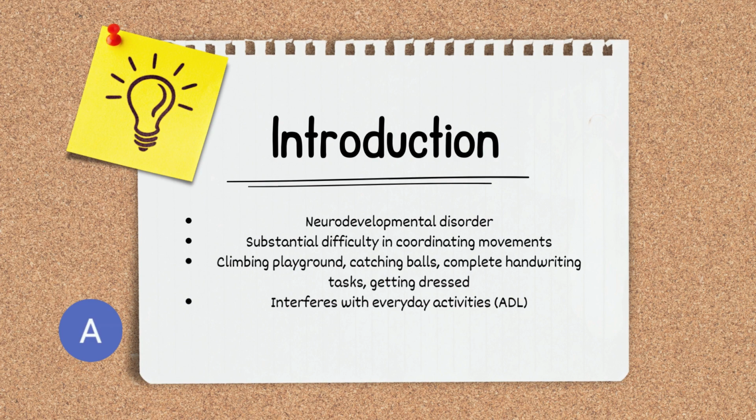So movements such as climbing a playground, where you need to use both the hands and the feet; playing catchball, where you need visual and also motor movement of the hand; completing handwriting tasks, meaning you can follow the correct alphabet pattern, capital or small, and write it in proper lines; and getting dressed.